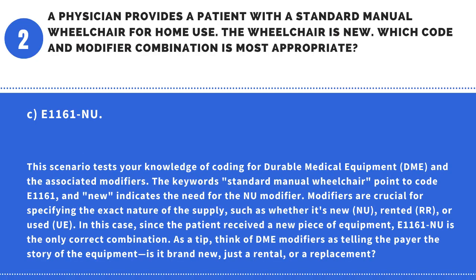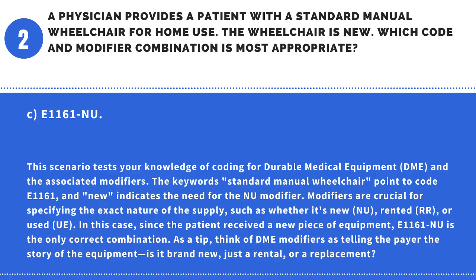Answer: C. E1161NU. This scenario tests your knowledge of coding for durable medical equipment, DME, and the associated modifiers. The keywords standard manual wheelchair point to code E1161, and new indicates the need for the NU modifier.